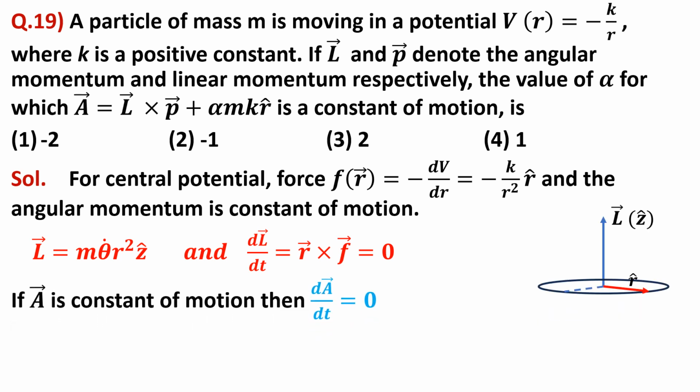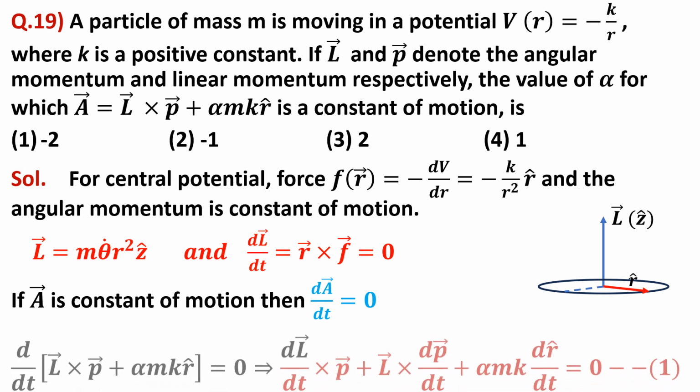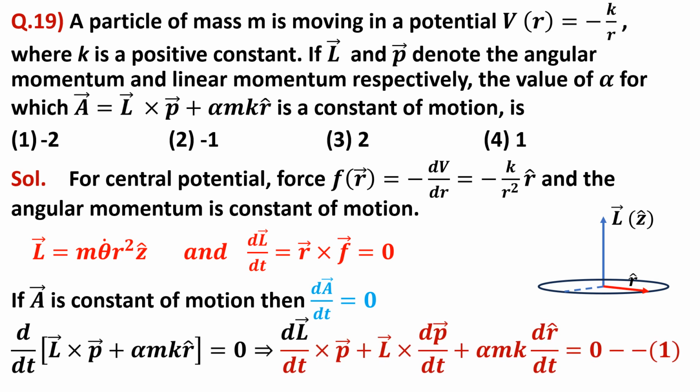If A vector is a constant of motion, then the derivative of A vector with respect to time equals 0. Derivative with respect to time of (L vector cross P vector plus alpha m k r cap) equals 0. Derivative of L vector cross P vector plus L vector cross derivative of P vector plus alpha m k derivative of r cap equals 0.